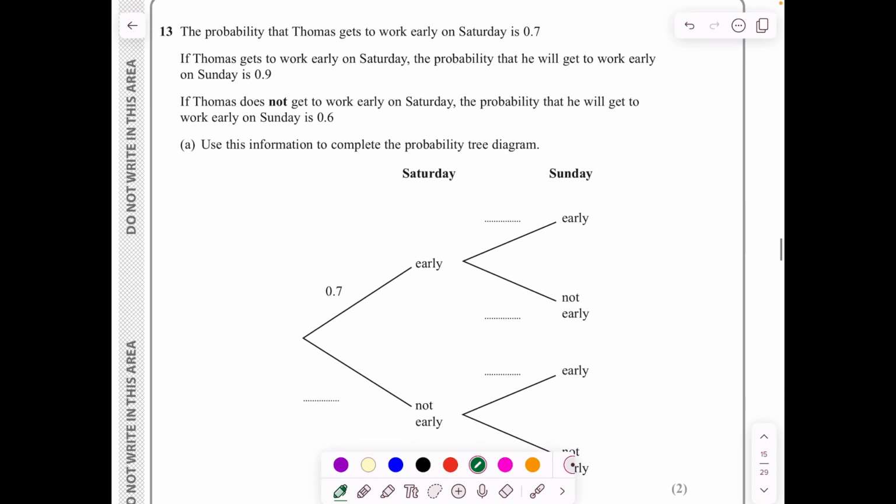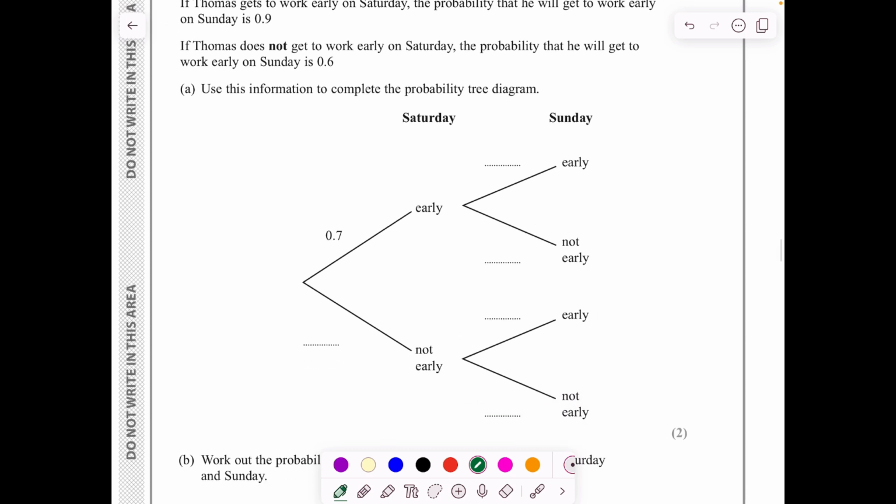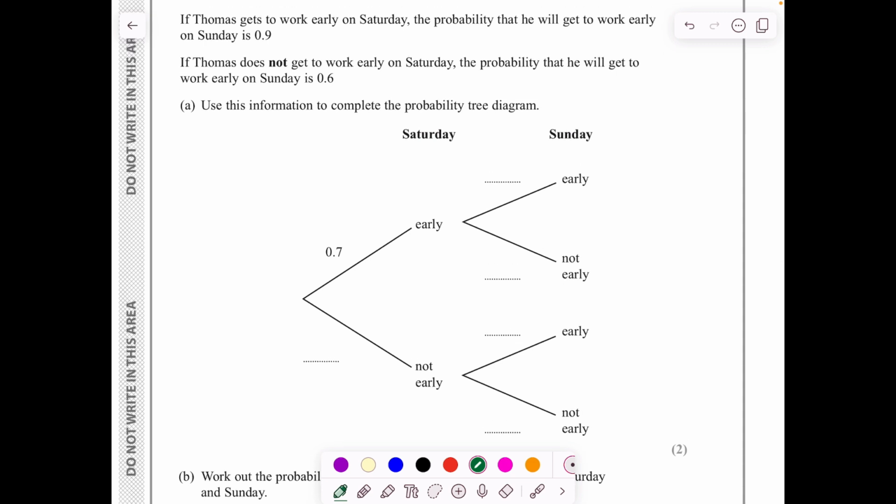Okay, moving on. Most of you got this right, which was really good. So hopefully you read it correctly. So on Saturday, if the probability that he gets to work early is 0.7, then the probability he does not is 0.3, because they have to add up to 1. Now you have to read it properly. It says that if Thomas gets to work early on Saturday, the probability he'll get to work early on Sunday is 0.9.